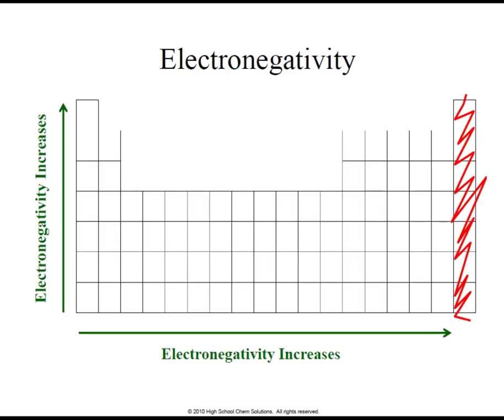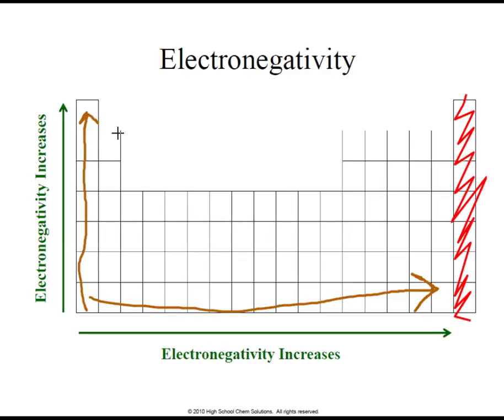All right, and here's the trend. The electronegativity increases as we move across. These smaller atoms, remember you get smaller as you move across, smaller atoms can attract electrons to themselves better because the nucleus is closer. It also increases as you go up for the same reason.